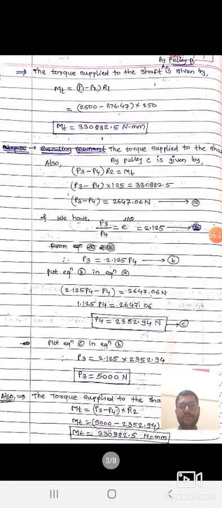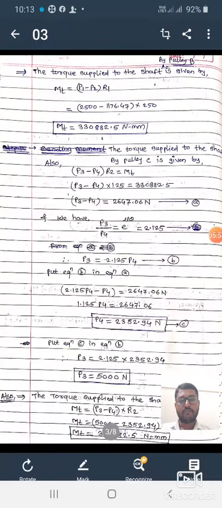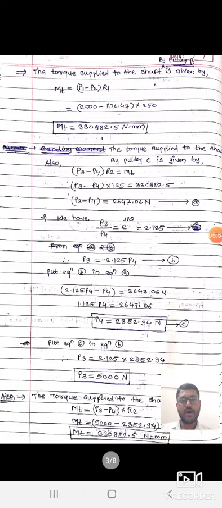By using this equation we put the values of P1, P2 and R1. We get the torsional moment or torque MT equal to 330,882.5 Newton mm.